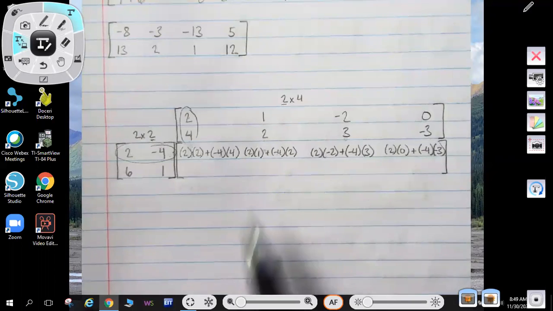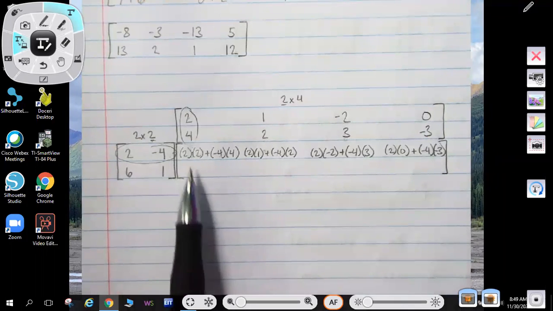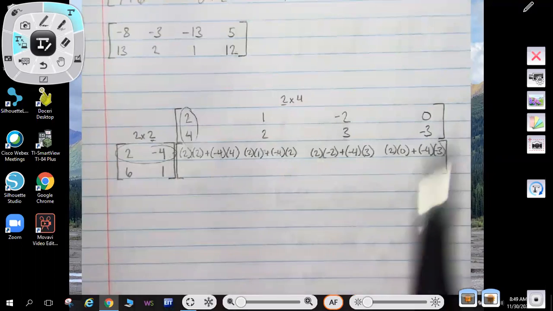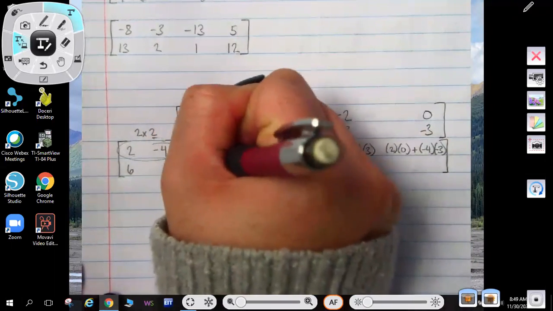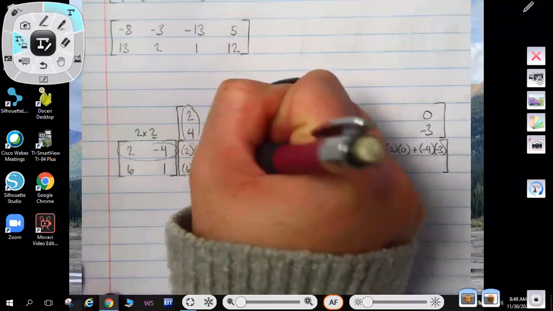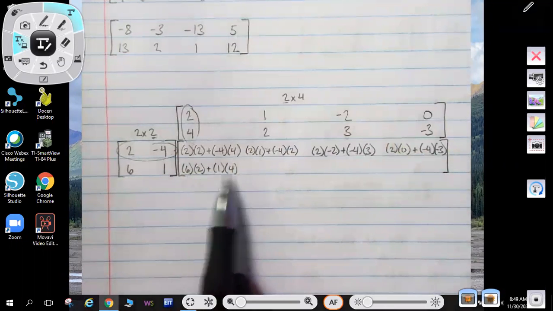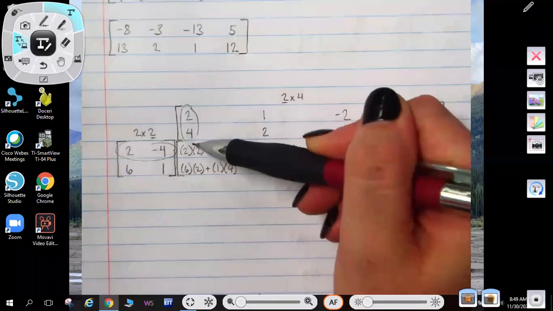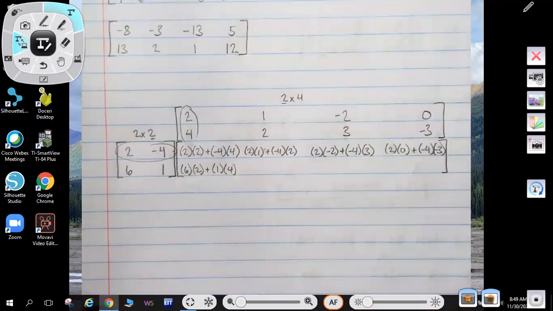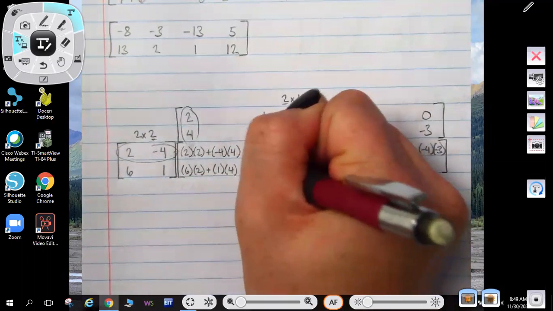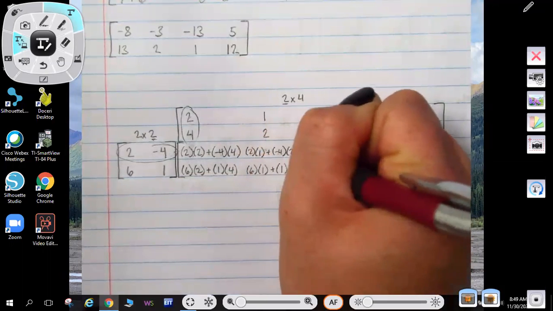Okay, second row. So now we're using 6 and 1, and then we're going to use each column as we go. So we have 6 times 2 plus 1 times 4. The 6 and 1 from this row, and the 2 and 4 from this column. Okay, then we have 6 times 1 plus 1 times 2.